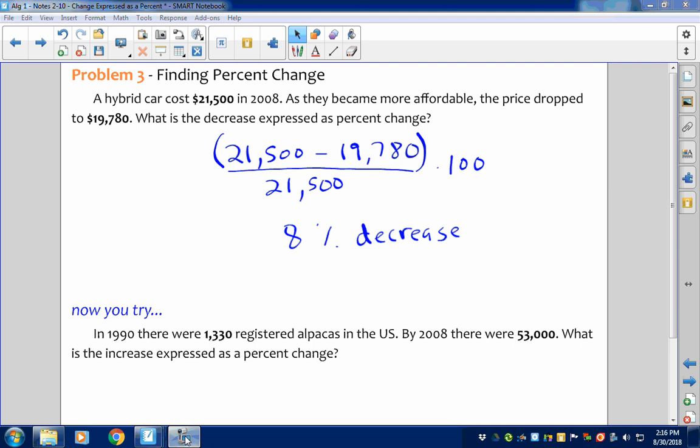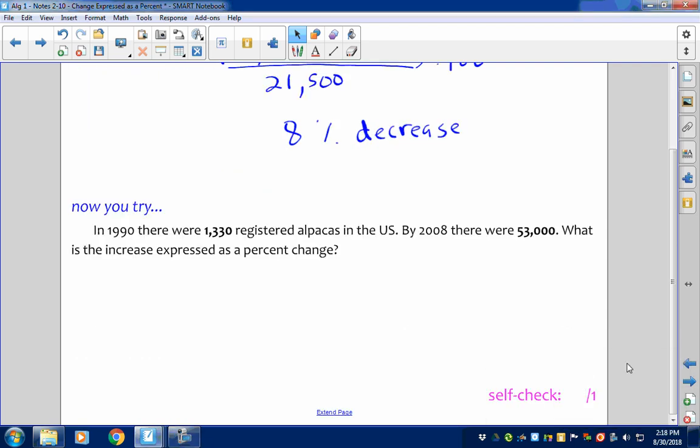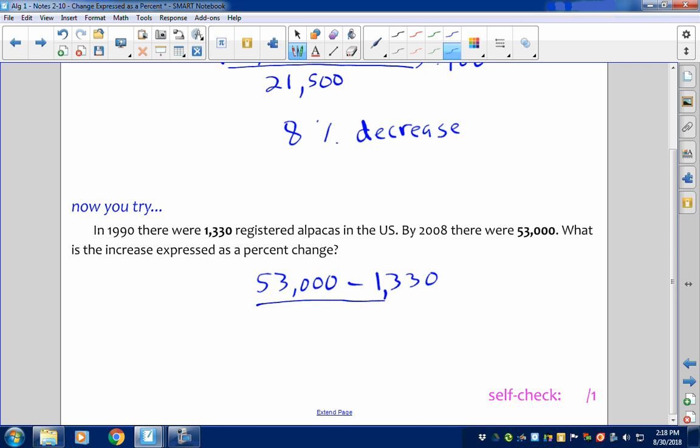All right, this next one is a lot of percents. So we go 53,000 minus 1,330 over 1,330 times 100. Wait, why is it 53,000? Right here.